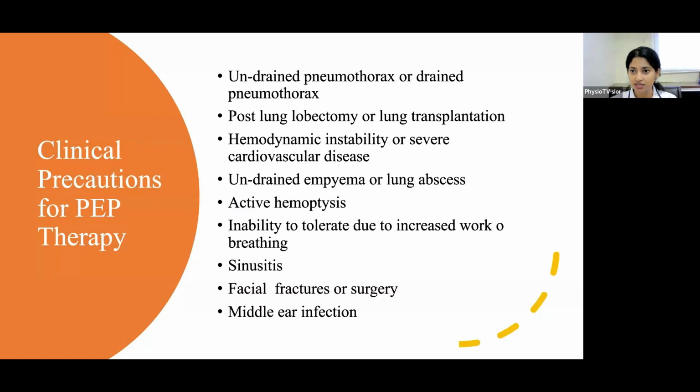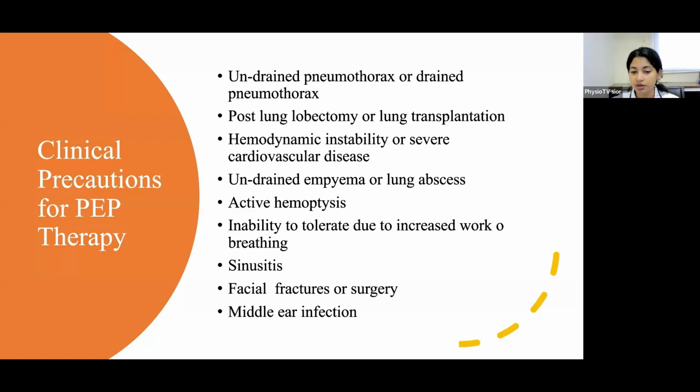fistulas, bronchopulmonary fistulas. Next is hemodynamic instability or severe cardiovascular disease. Next is undrained empyema or lung abscess. Next is active hemoptysis, because the therapy requires removal of secretions, so in cases of active hemoptysis, it would exaggerate the condition.